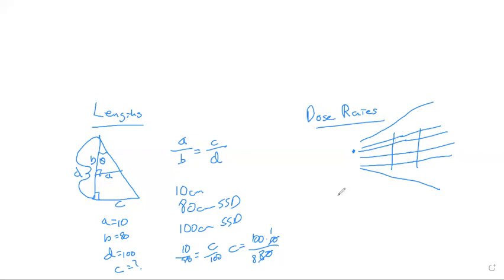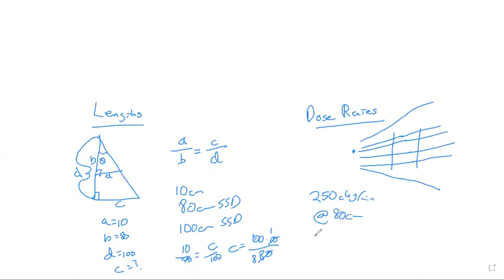So that's why in this particular case, when we're looking at a dose rate of 250, let me erase some things and go through and do this again. So let's say you've got a dose rate of 250 centigray per minute at, I don't know, 80 cm.